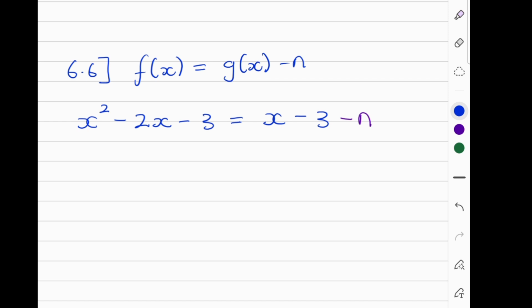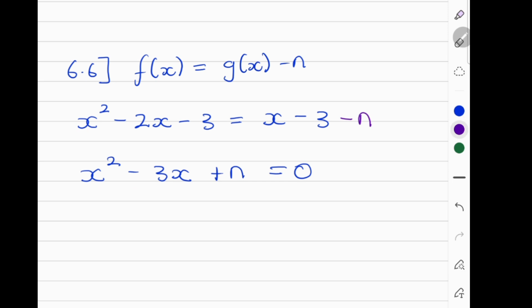Now I'm going to bring everything to the left hand side. So I have x squared minus 3x, and then minus 3 plus 3 is 0, plus n is equal to 0. So this is what I have at this point.